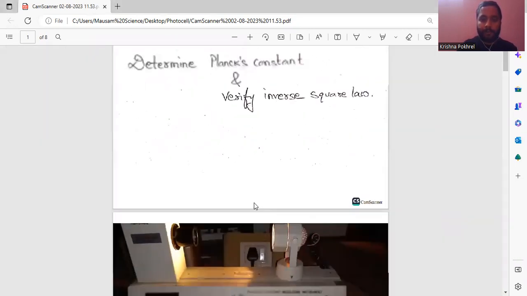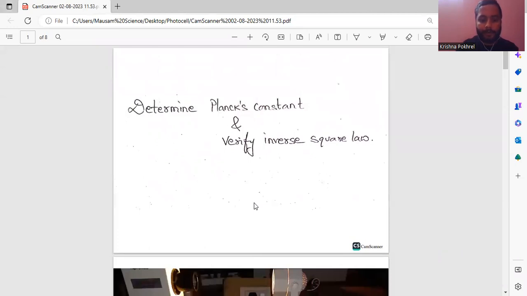Right now, our main aim is to determine Planck's constant and verify the inverse square law. Planck's constant, we all know, has a value of 6.64 into 10 to the power minus 34 joule second.